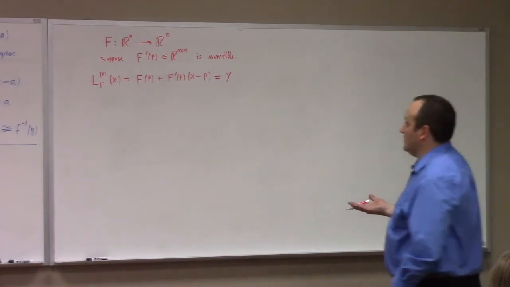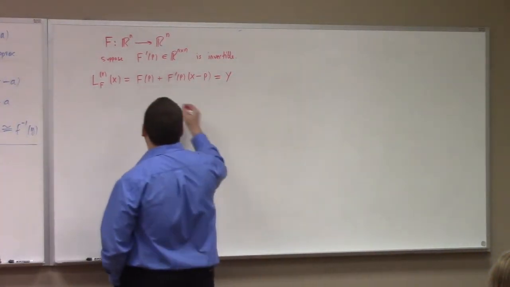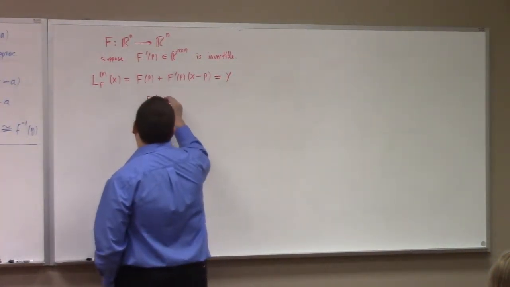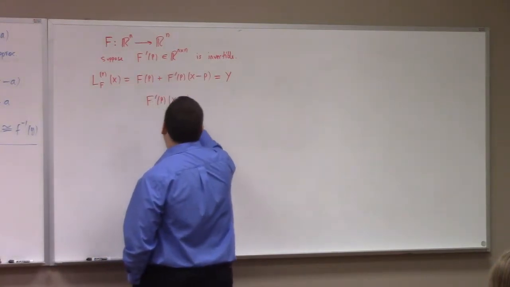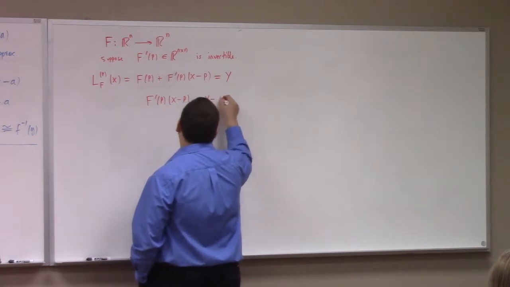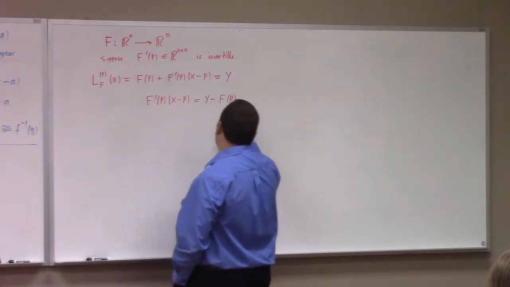How does that go here, though? It's almost the same. I mean, it looks the same, right? But the difference is that this is a matrix times a column vector, which is the difference of these column vectors.